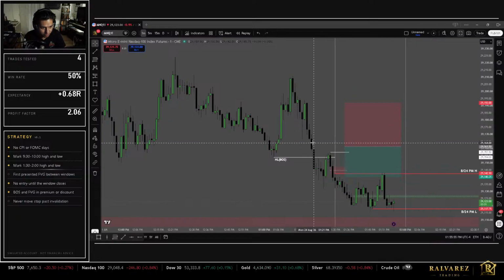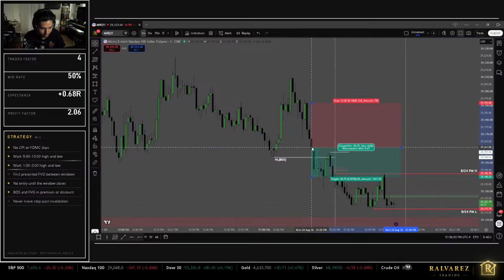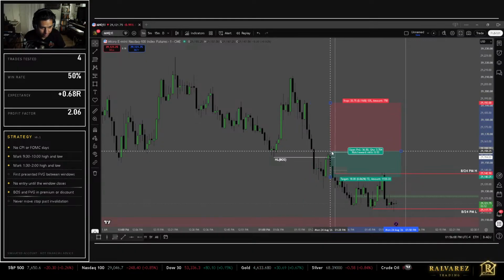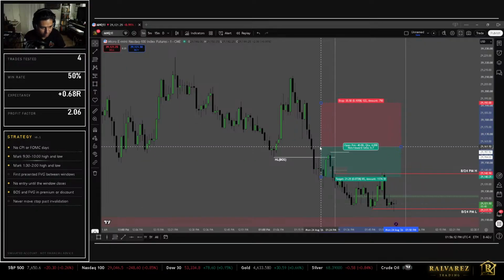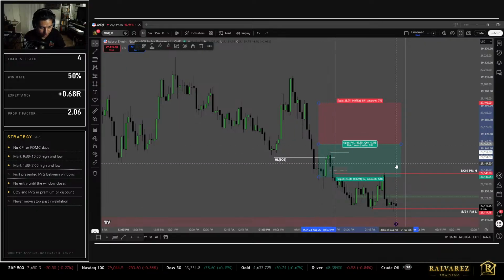My entry would be within this sell side imbalance in here. So it could be here, any of this area right here. Ideally, I want to see this short-term high get taken out though. So something right there, right?